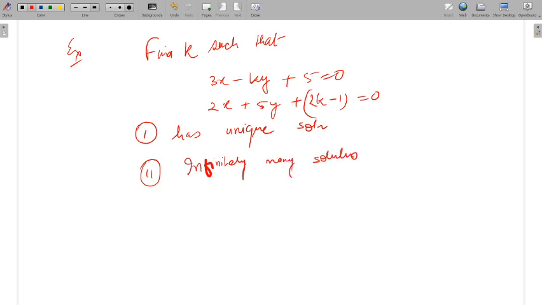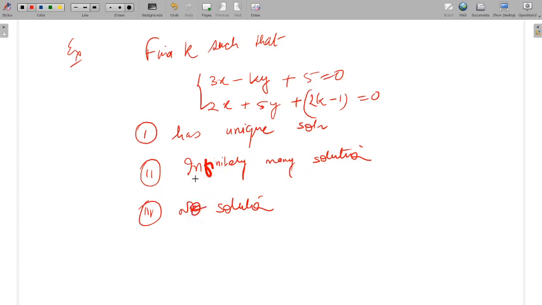Let us see who can solve this. You can try for this one also, or for no solution. So find the value of k such that this pair of linear equations has, in the first case, a unique solution, in the second case, infinitely many solutions, and in the third case, no solution.